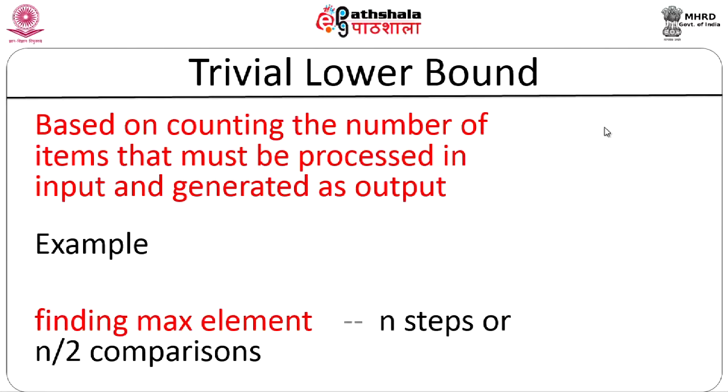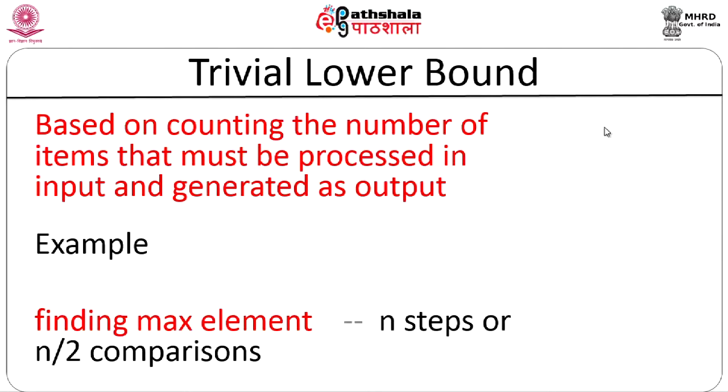In the trivial lower bound, what you are trying to do is count the number of items that must be processed in the input and generated as output. For example, for a problem like finding the maximum of an array, you can say that n steps or n minus 1 comparisons are required.